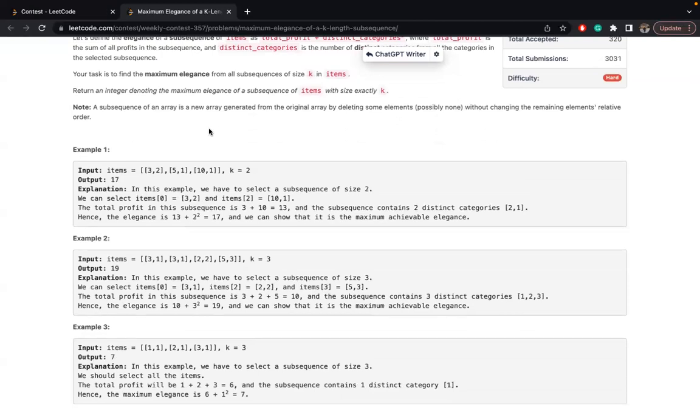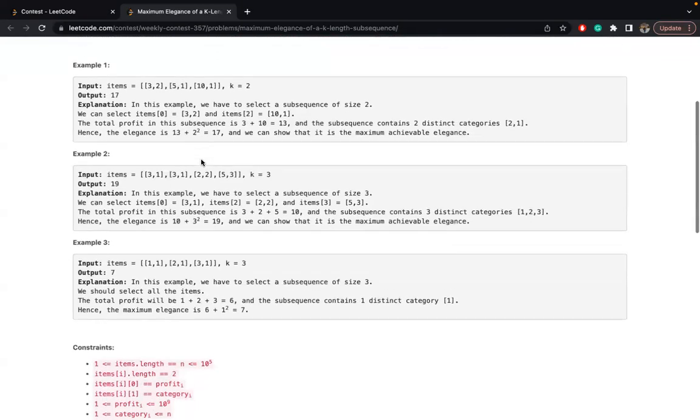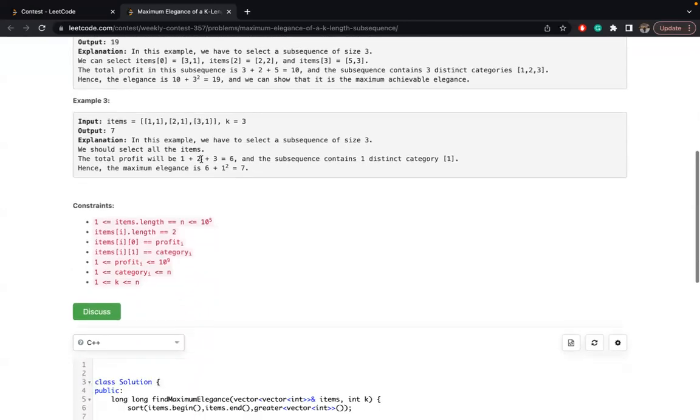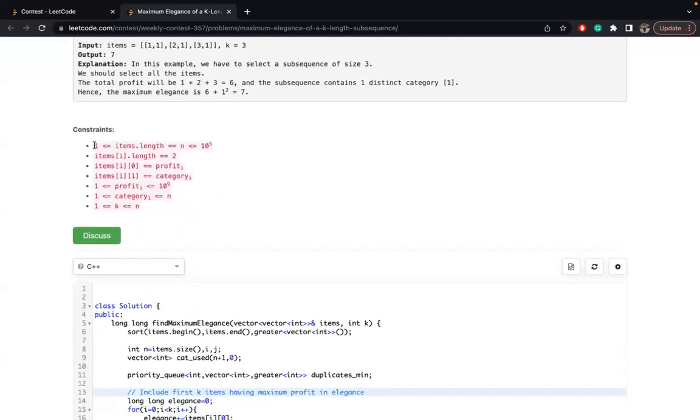So my approach is greedy, and for that, the first thing I'll do is sort the items. But before that, let's go through a few more things. Let's look at the constraints here.